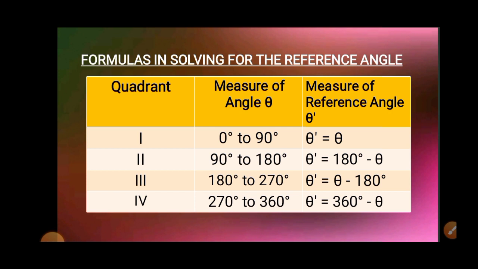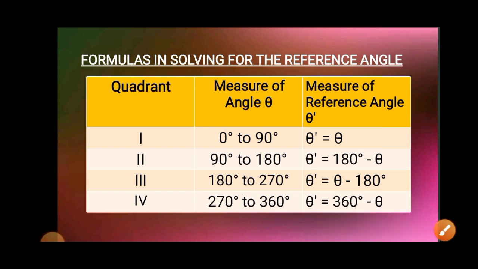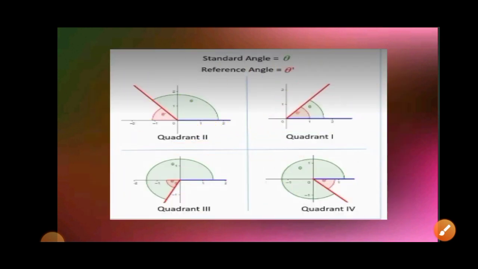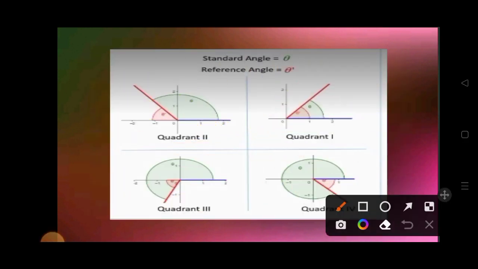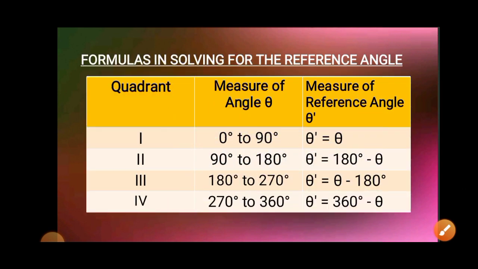In quadrant 2, the measure of the angle is 90 degrees to 180 degrees. The reference angle is equal to 180 minus the standard angle.